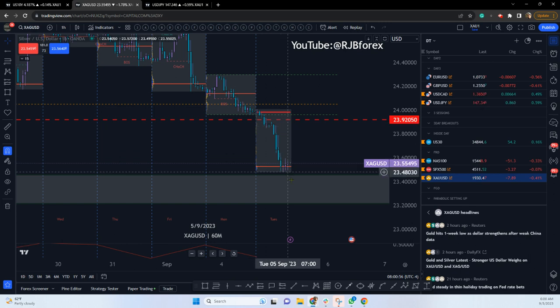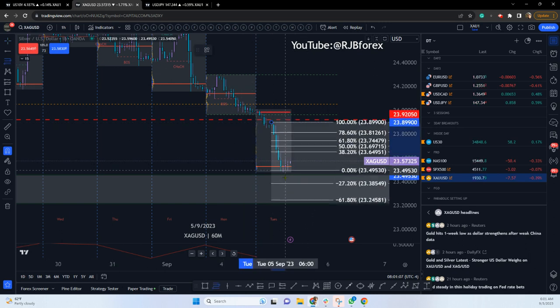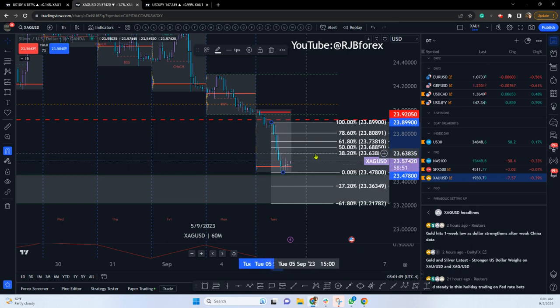So just ahead of this support area, we're getting a steady correction to the upside here. So the 38.2 aligns with that candle's low. Obvious target to the upside for the meanwhile.